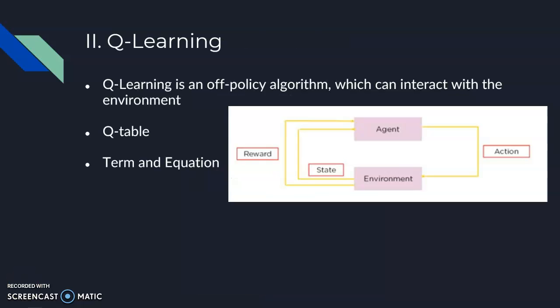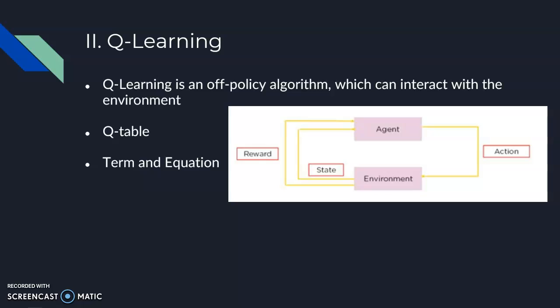And here is Q-learning. We have Q-learning, the Q-table, the Bellman equation and some terms in the equation. The first one, Q-learning, is a reinforcement learning strategy that will determine the next optimal action for the agent.